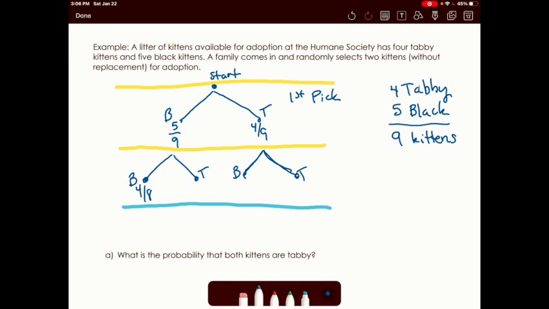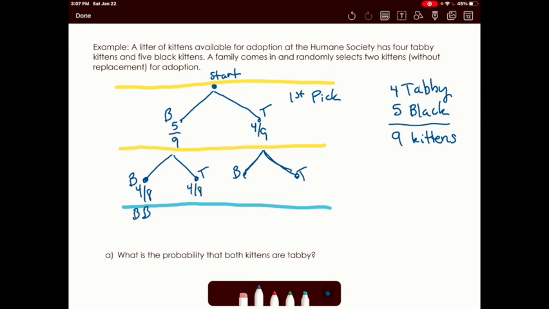Because if we picked 1 cat out already, there's only 8 kittens left because we're doing this without replacement. And then if I've already picked a black the first time, there's only 4 left to pick. So that's a 4 in 8 chance of getting a black and then another black.